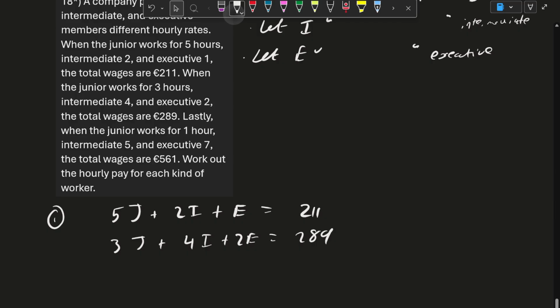Lastly, when the junior works for an hour, so just a singular J, intermediate 5, and executive 7, the total wages are €561. And we need to work out the hourly pay for each kind of worker.